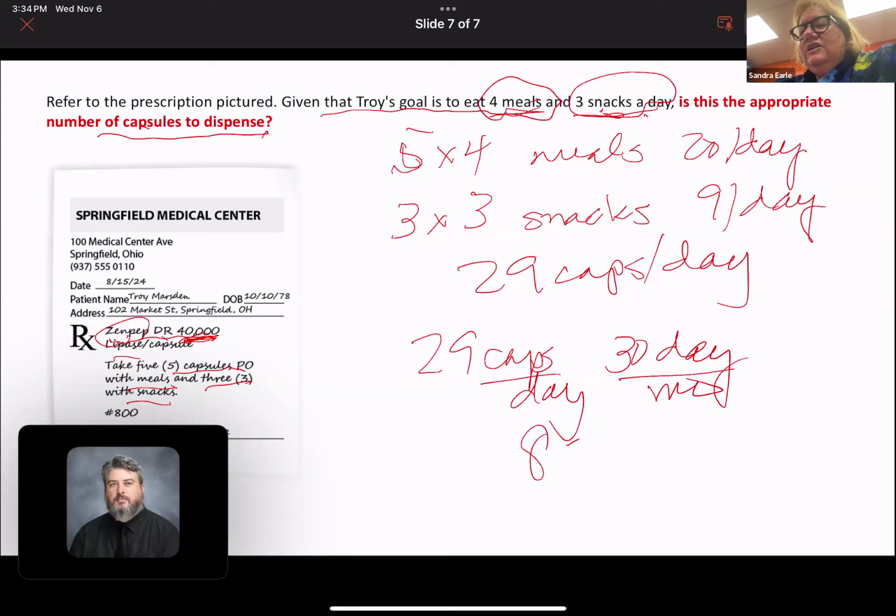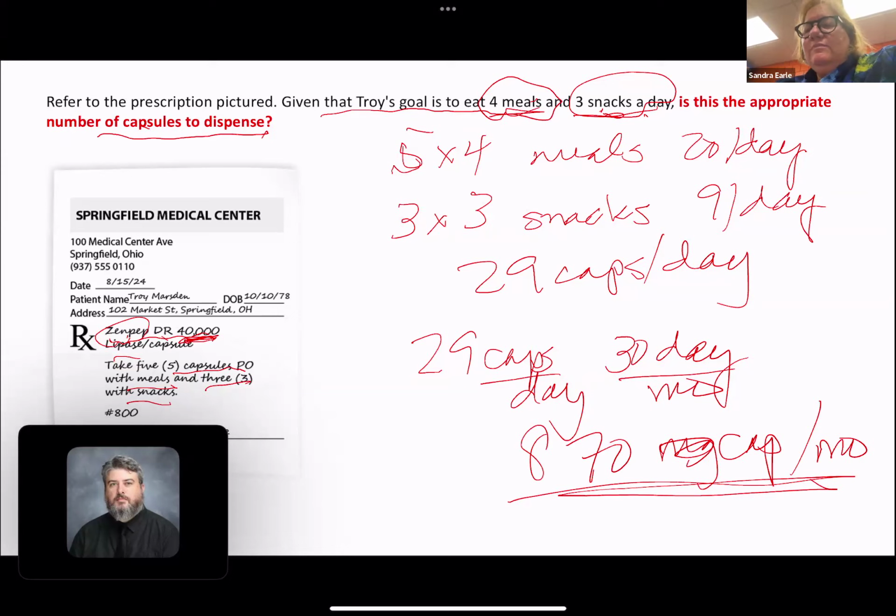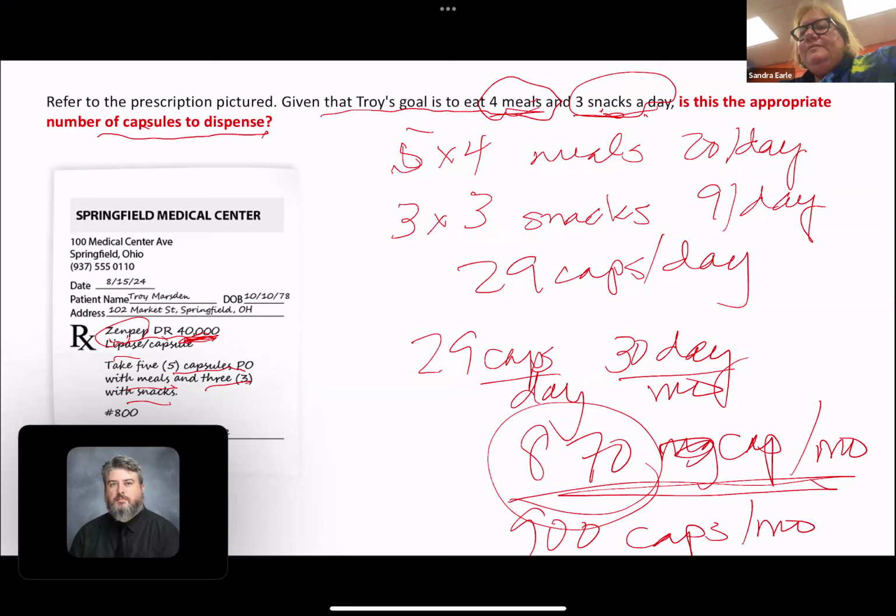So he's going to need 870 milligrams, or I'm sorry, capsules per month, isn't he? So you're going to round that up to the nearest 100, because they come in hundreds. I don't know, did I say that? I probably should. So I would dispense 900 caps per month. So 800 isn't enough, is it?